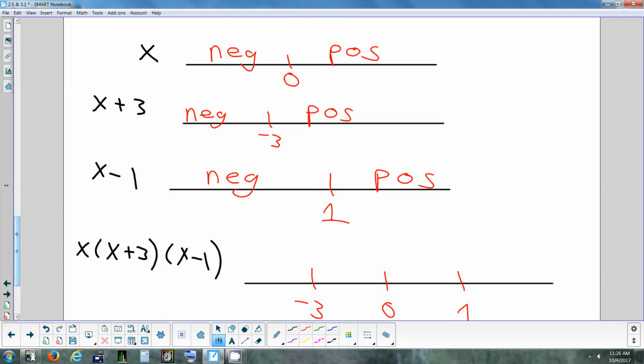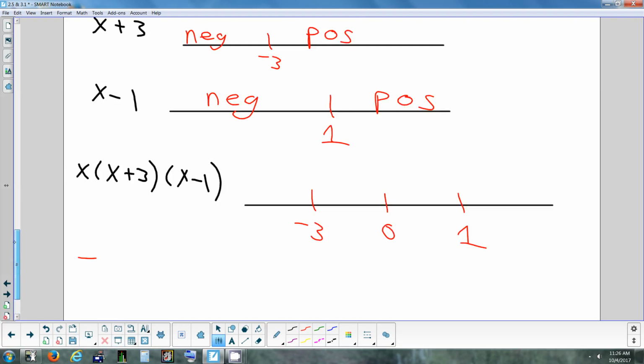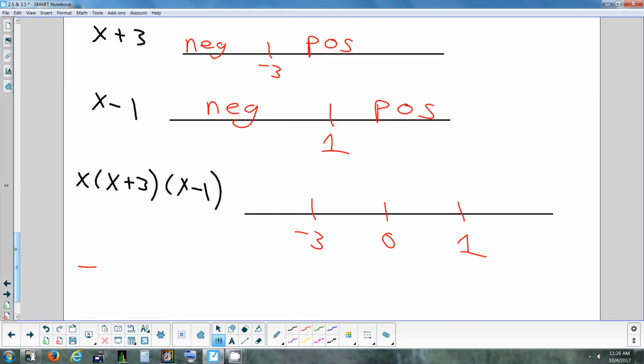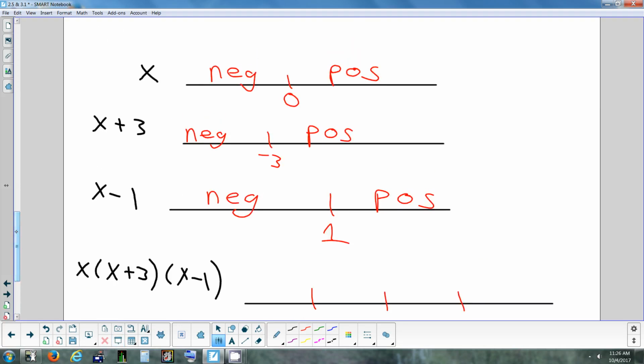Okay, in the top factor, x, if you are less than -3, what kind of number would you get? Negative. Yep, you'd get negative. How about in the second one? Less than -3? Negative again. And in the bottom one, less than -3?